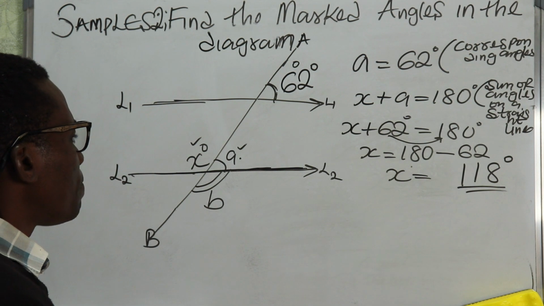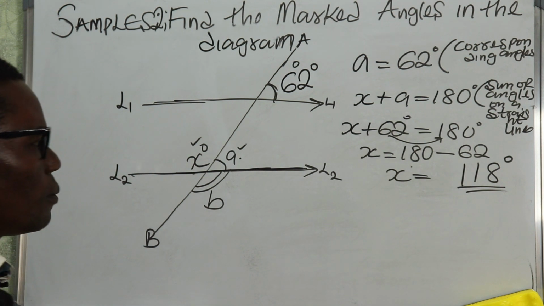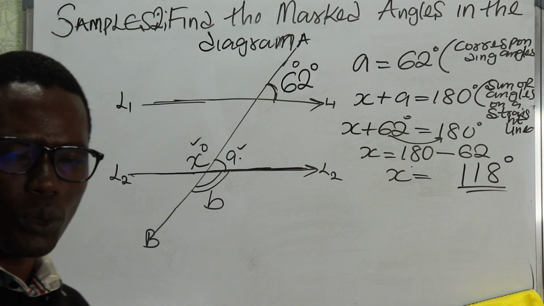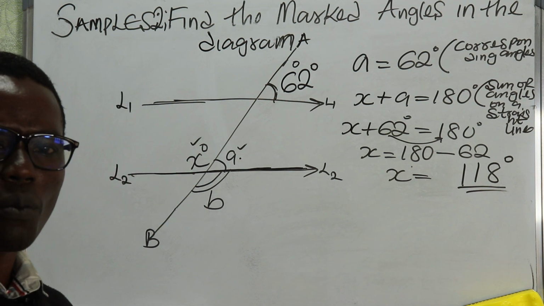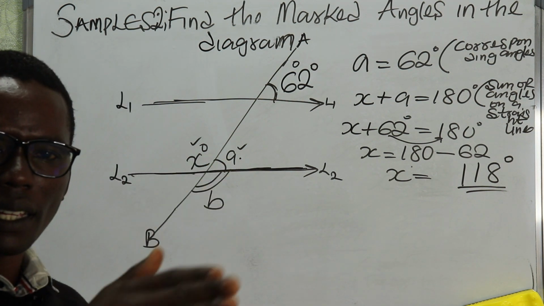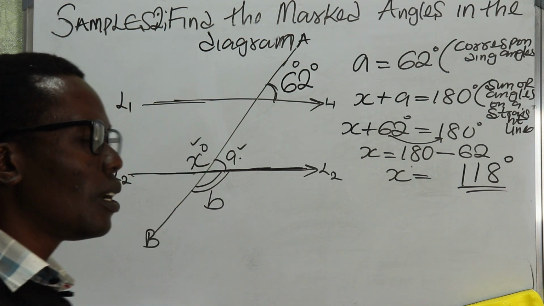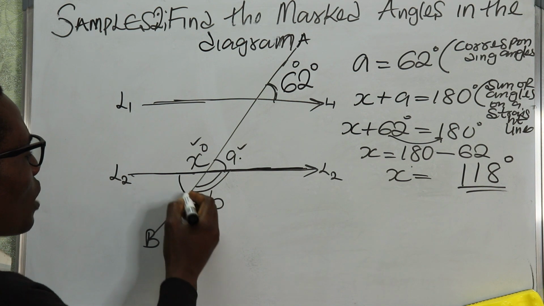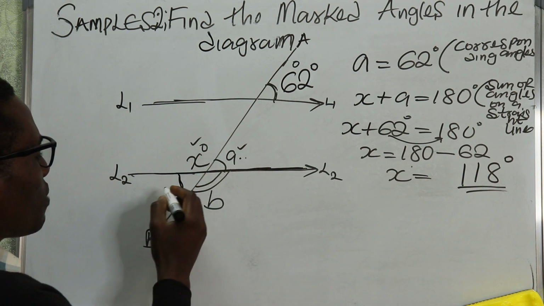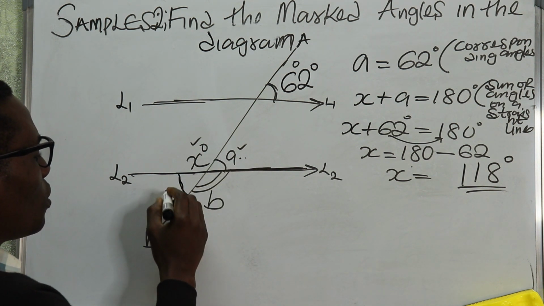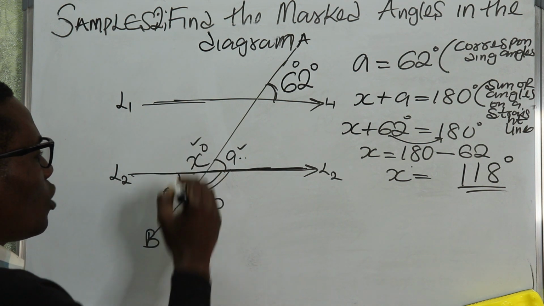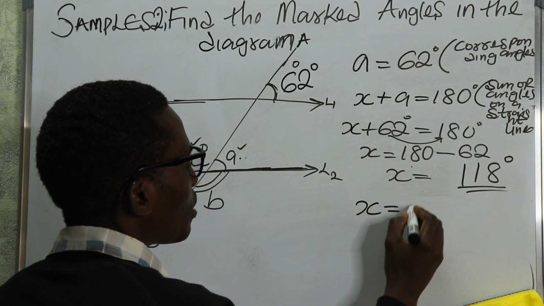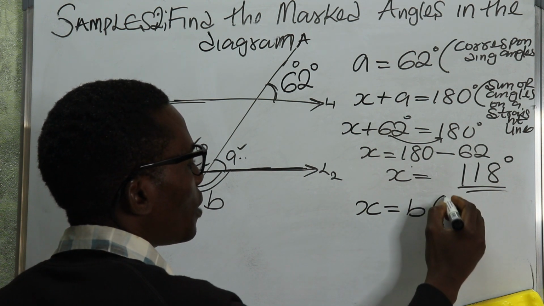Remember also a principle. We've also learned about vertically opposite angles. These are angles that are formed when two lines intersect each other. So these angles are vertically opposite. A is vertically opposite to this angle, and B is vertically opposite to this angle. So we can simply say that our x is equal to B, and what is our reason?